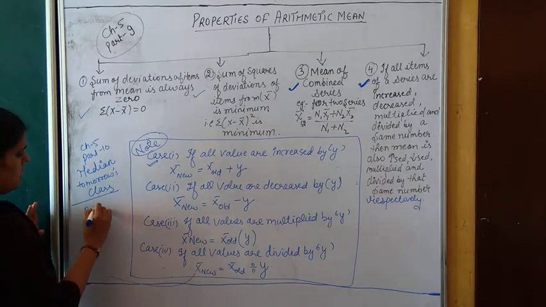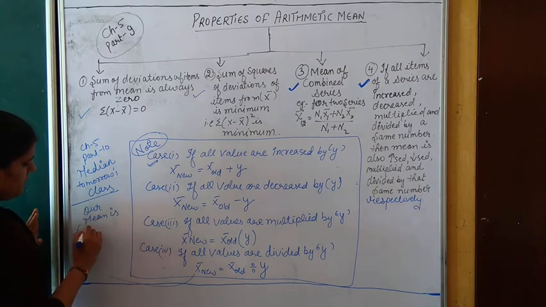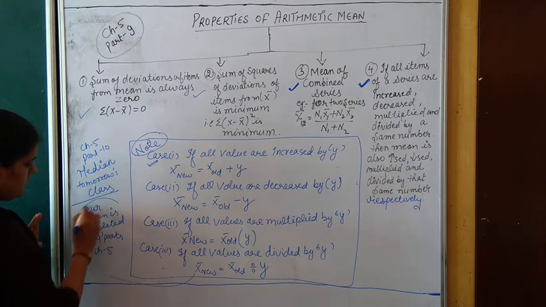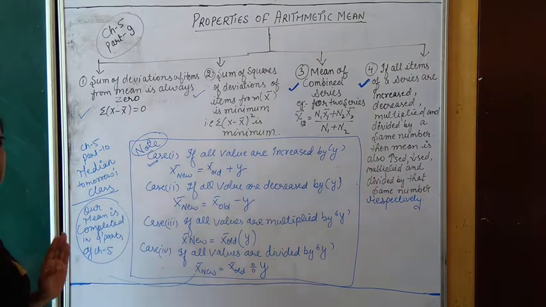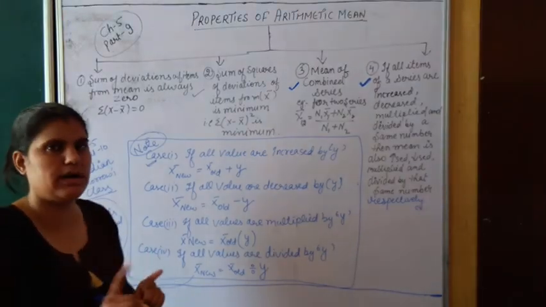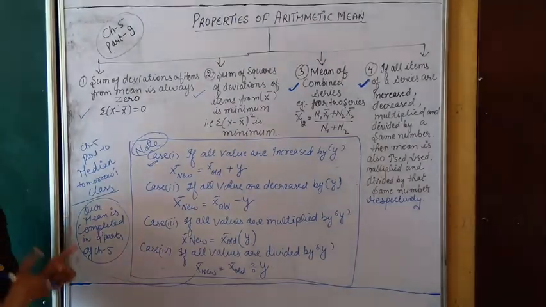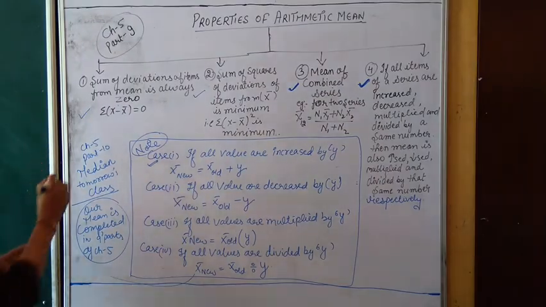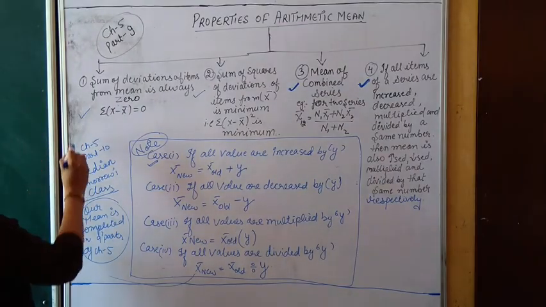Our mean is completed in 9 parts of chapter 5. From my video lectures from part number 1 to part number 9, my mean is complete, and next we will be doing part 10. That will be our median.